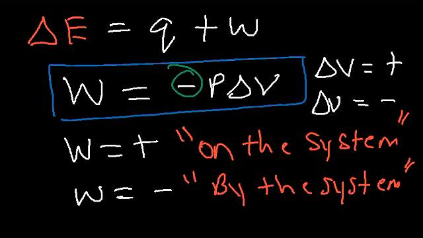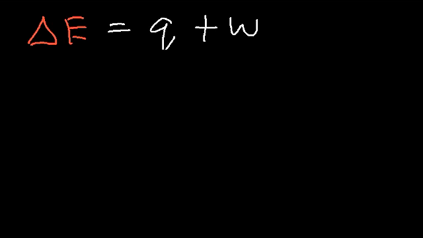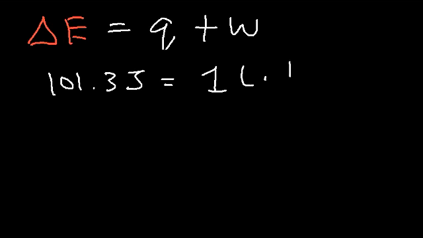So let's see if we can apply this information in a practice problem. But before we do, another thing you need to know is that 101.3 joules is equal to 1 liter times 1 atm.